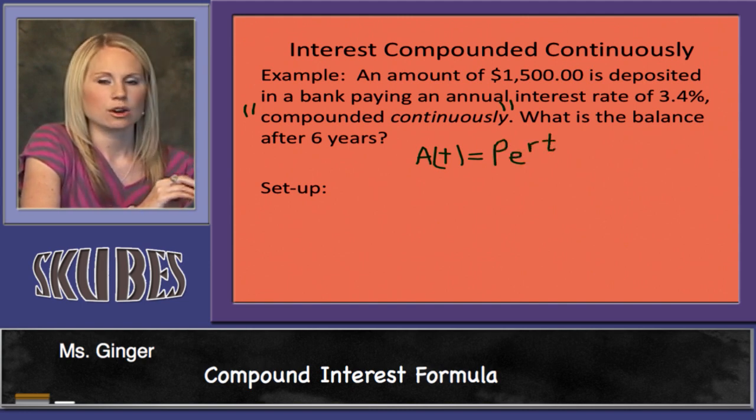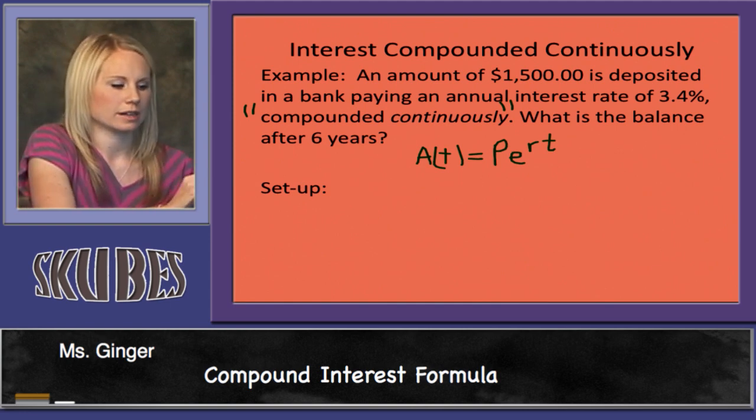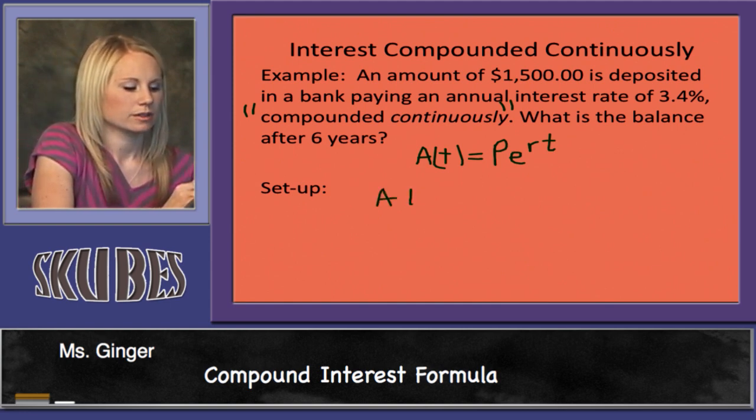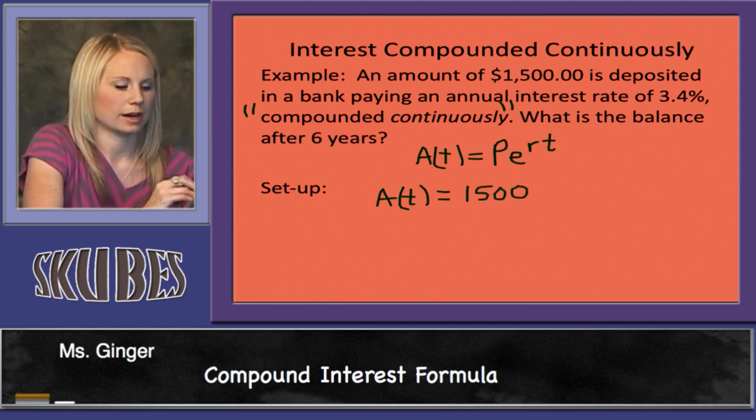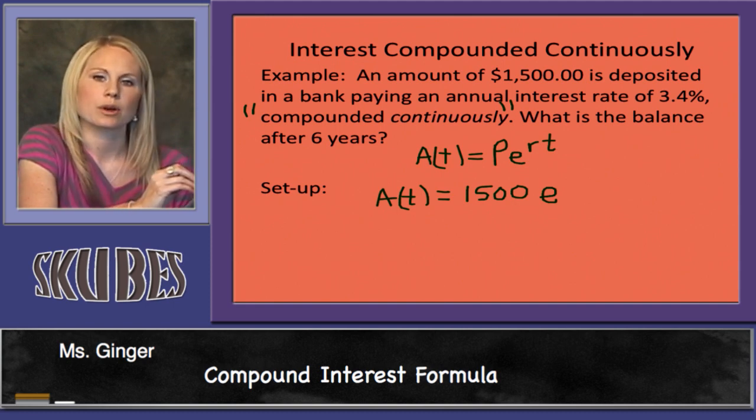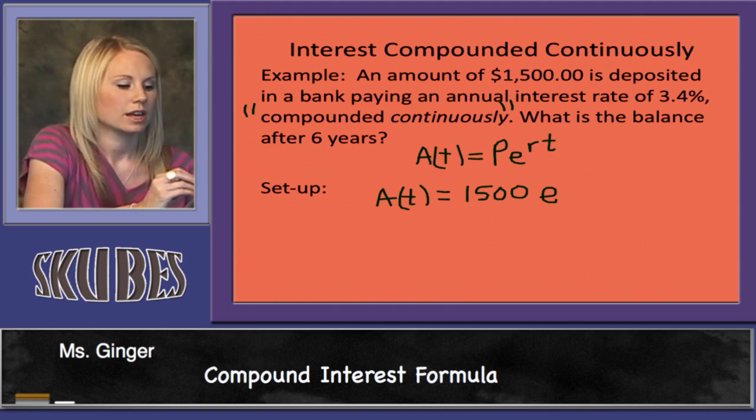And we're going to look at our pieces and insert our information again. So final amount, what will it be this time? We're going to put in our $1,500 deposit for initial, the P spot. Multiply that by e, which was approximately 2.718, raised to the rate of 0.034 again, times t of 6 years.